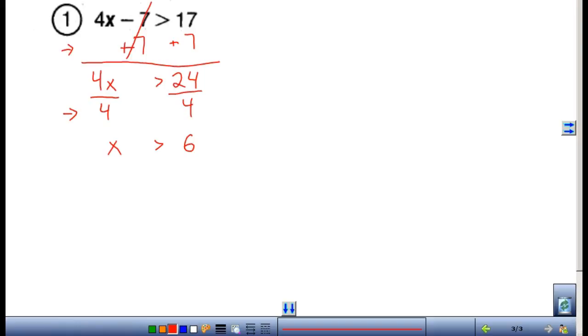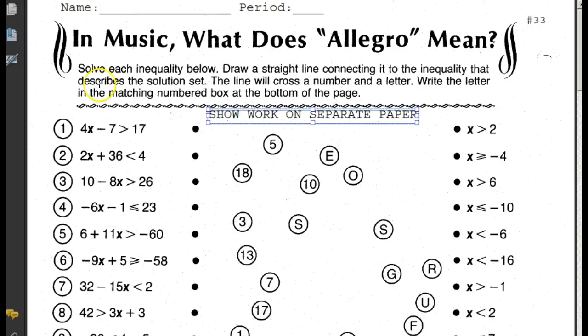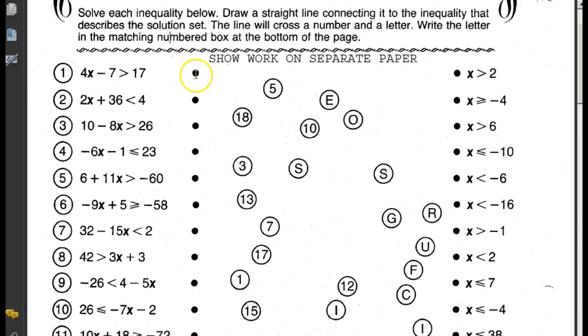And now let's read the directions so we know what to do here. We solved the inequality. We did that. Draw a straight line connecting the inequality that describes the solution set. So there's dots here. There's dots on the other side. So we have to find x is greater than 6, which is right here. And you draw a straight line from this dot to that dot.